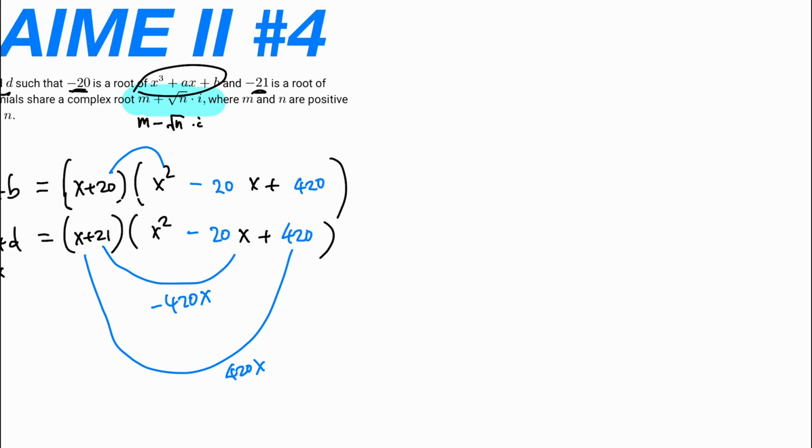Now let's take a look at m plus square root of n times i. That is going to be a root for x, so x satisfies this. But we also know that x satisfies the negative as well. If we move this to the other side, we get x minus m equals plus or minus square root of n times i.